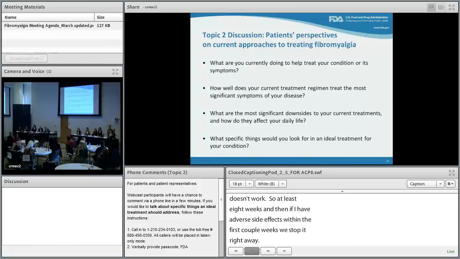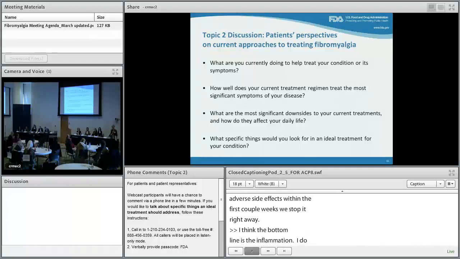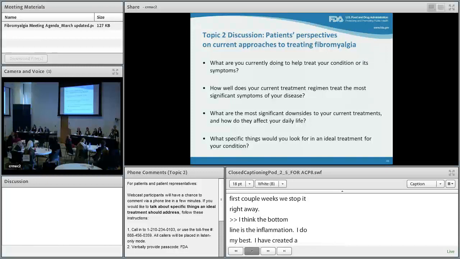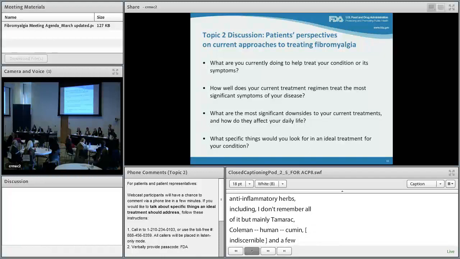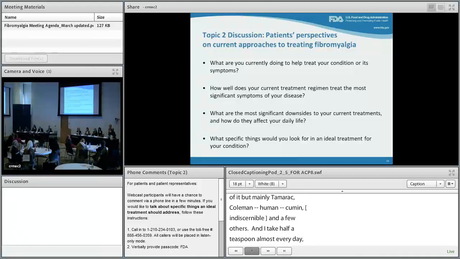I think the bottom line is the inflammation, and I do my best. I have created a combination of 6 different anti-inflammatory herbs, mainly turmeric, cumin, fenugreek, and a few others. And I take half a teaspoon almost every day, sometimes every other day.